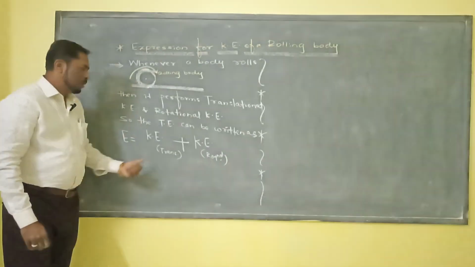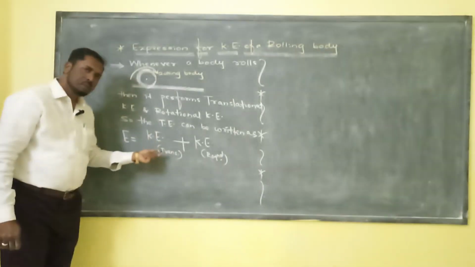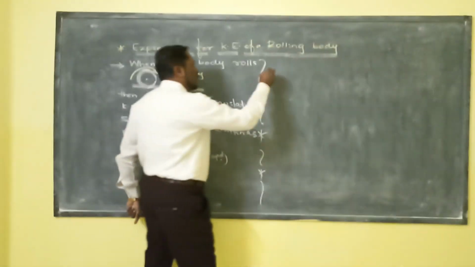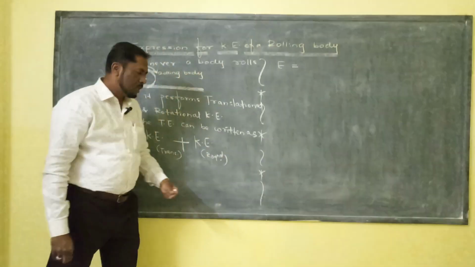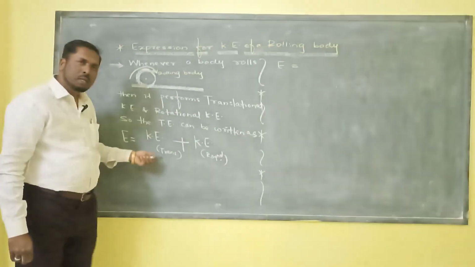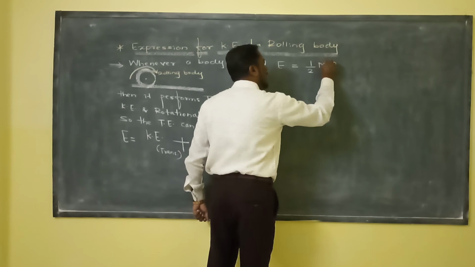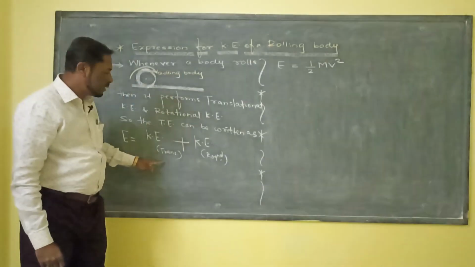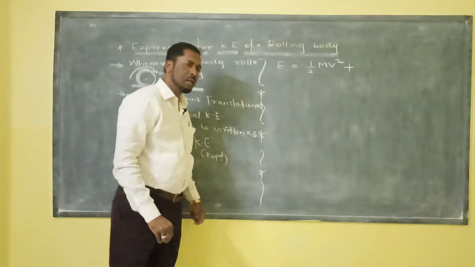Mathematically, total kinetic energy E is equal to translational kinetic energy plus rotational kinetic energy, or E is equal to, we are well familiar with the translational kinetic energy, that is one half mv square, plus what do we understand by rotational kinetic energy?